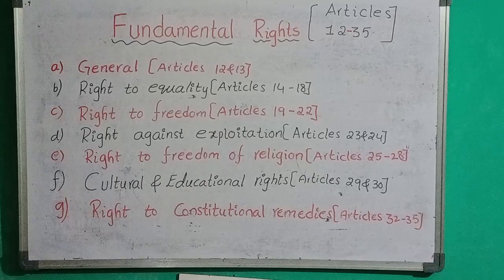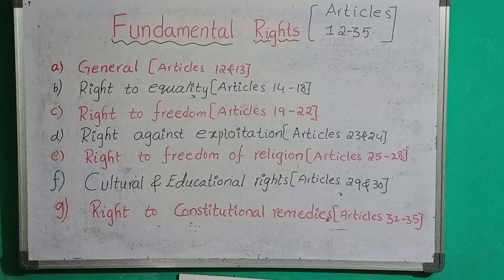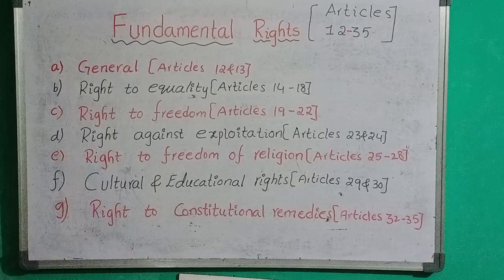Right to freedom of religion, which is provided under Articles 25 to 28. 6. Cultural and educational rights, which is given under Articles 29 and 30. The last one, 7. Right to constitutional remedies, that is Articles 32 to 35.